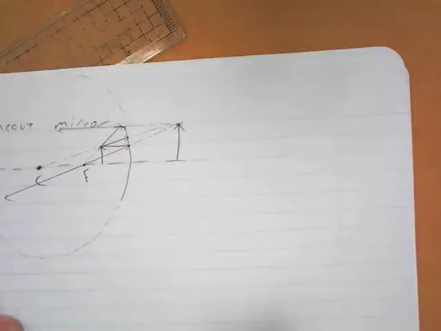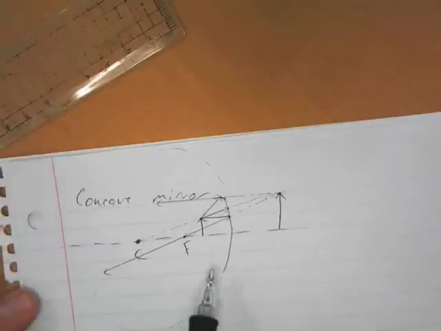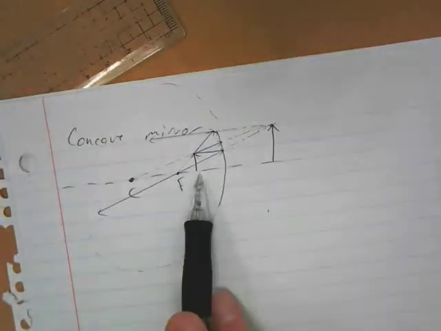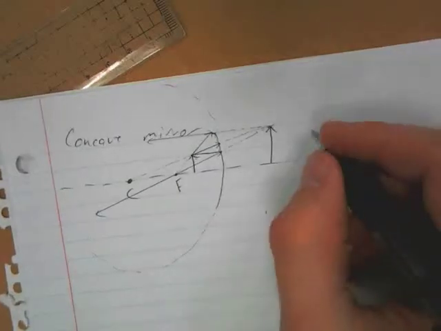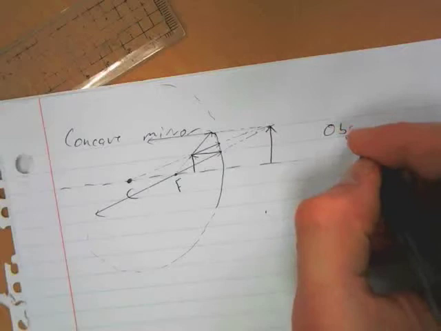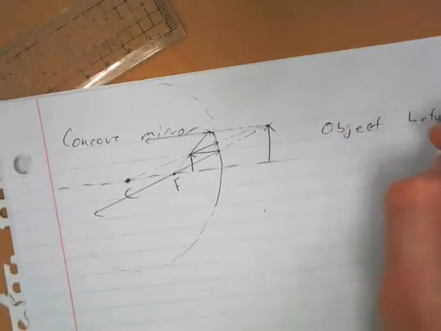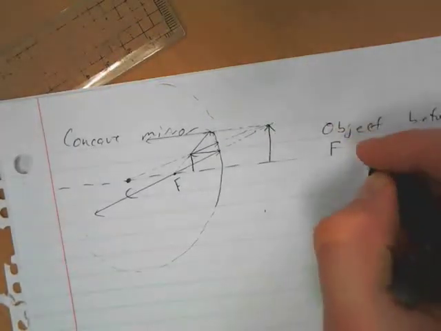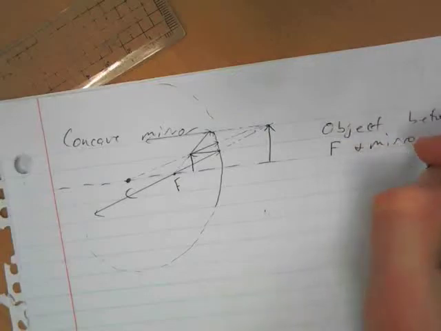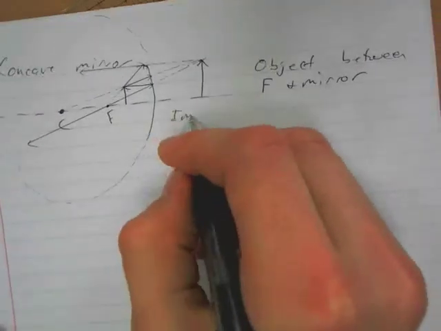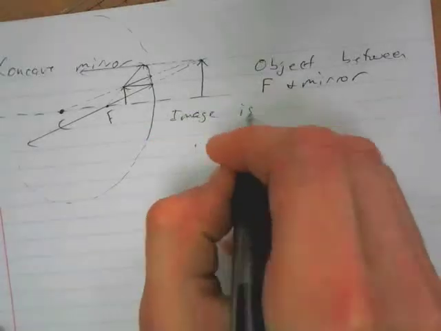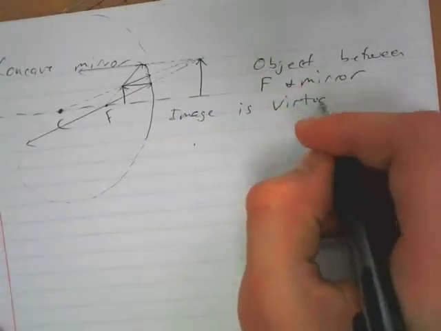And so for an object that is inside the focal length of the concave mirror, so object between focal point and the mirror, we have an image that is virtual, just like it was for a convex mirror.